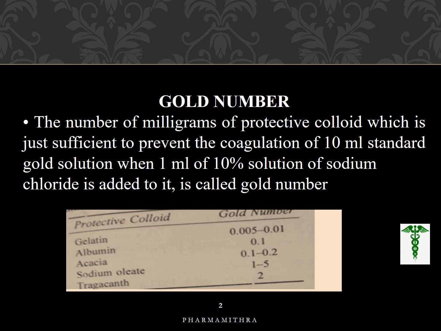If you have heard about gold number, that is a term relating to colloids. Gold number means the number of milligrams of protective colloid which is sufficient to prevent the coagulation of a 10 ml standard gold solution when 1 ml of 10% solution of sodium chloride is added to the gold solution.